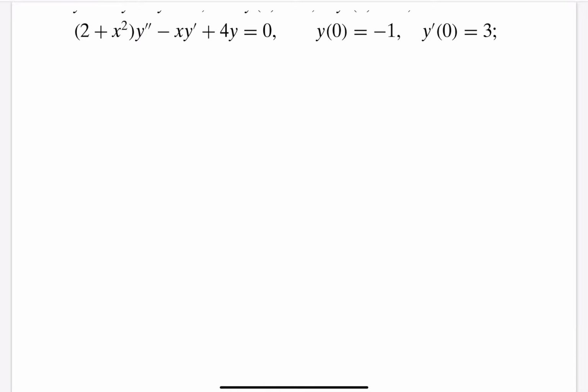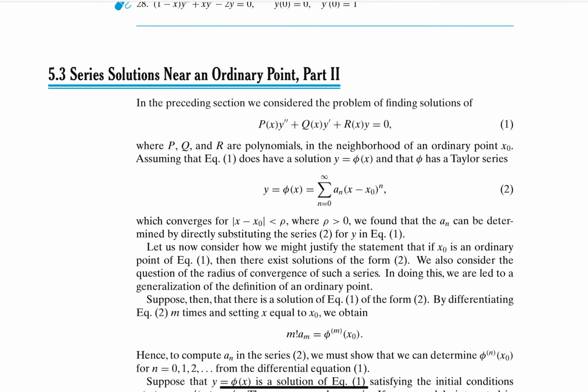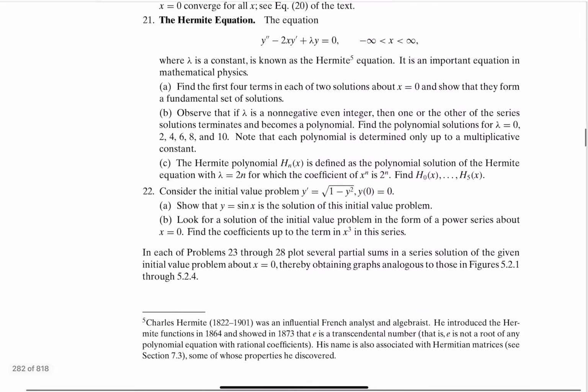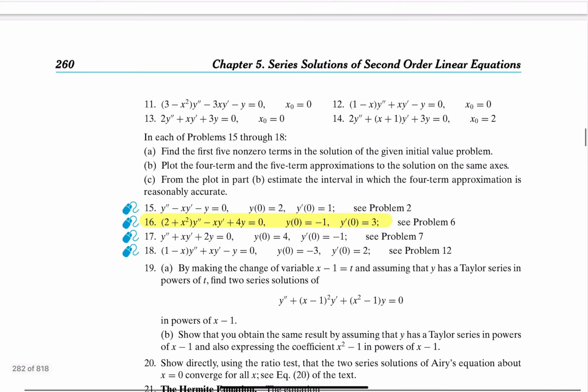Here they ask you, when you are dealing with this, what's the question again? I believe it's just to find the solution of the initial value. You can go read the question, but the main one is just to find the solution of the initial value.